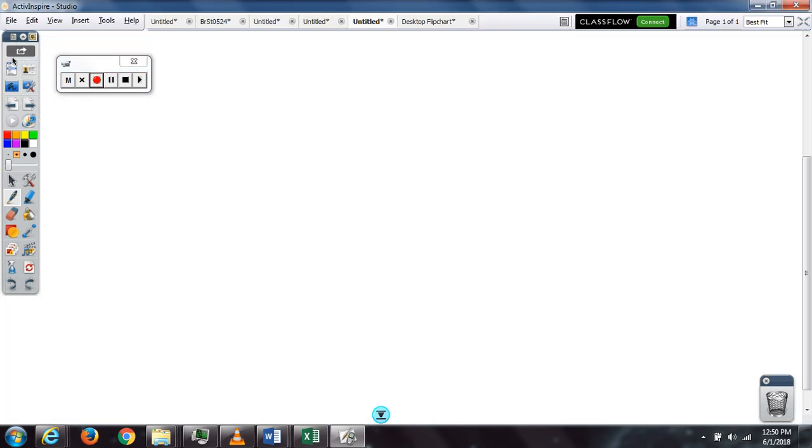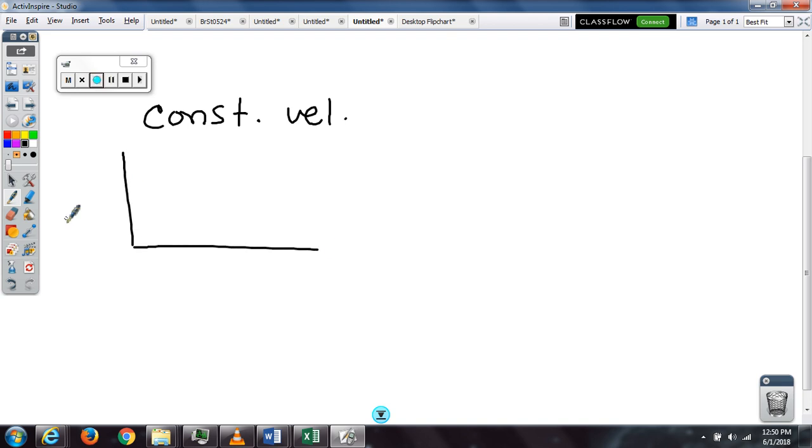So for constant velocity, we can describe graphically an object moving in one dimension with constant velocity with lines that have slopes. So I can put an object that starts here and slopes up.